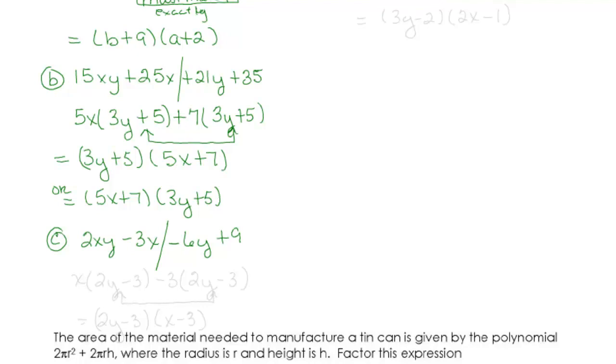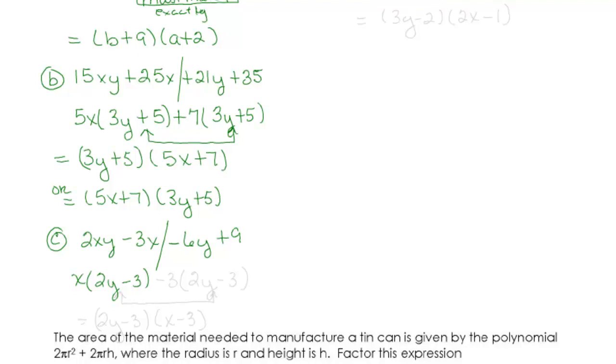Your GCF can be a number, it can be a variable, it can be both. X. So factor out an X, what do we have? Now, I like this one because of the negative. Look at the last half.